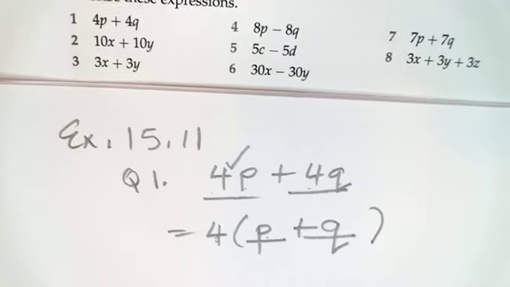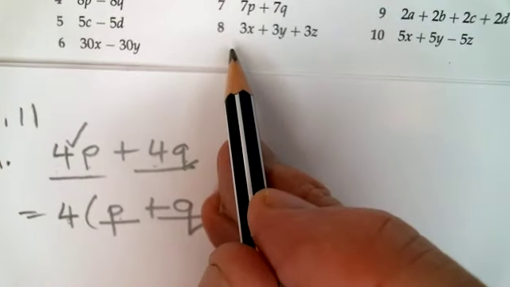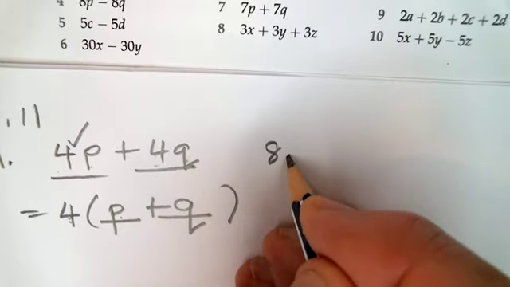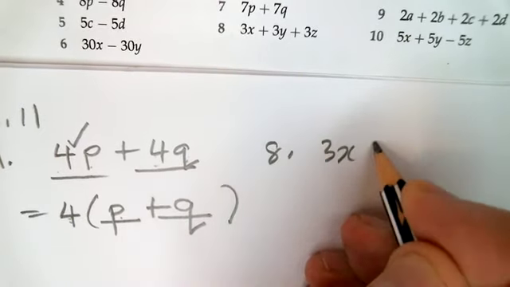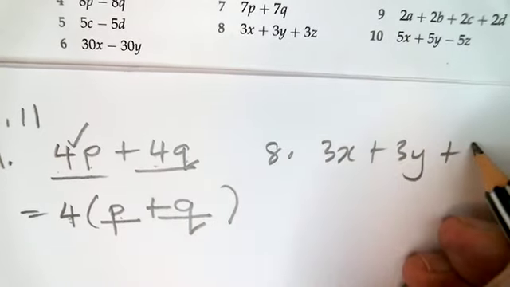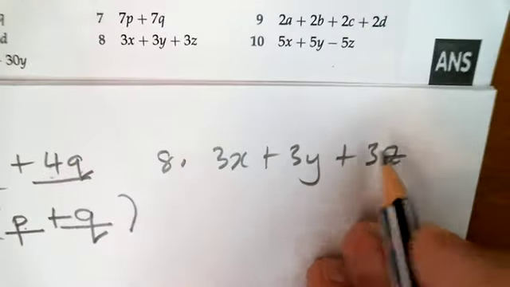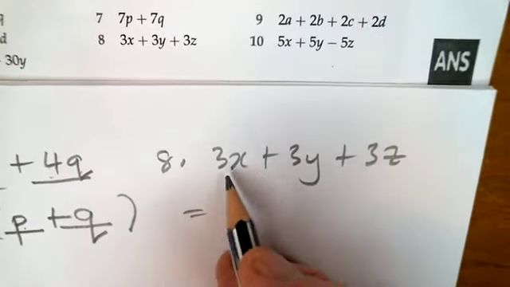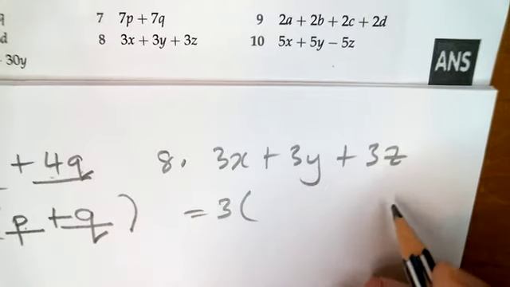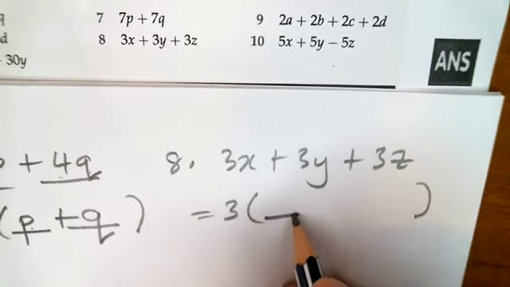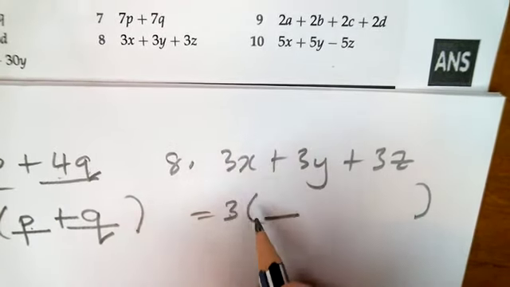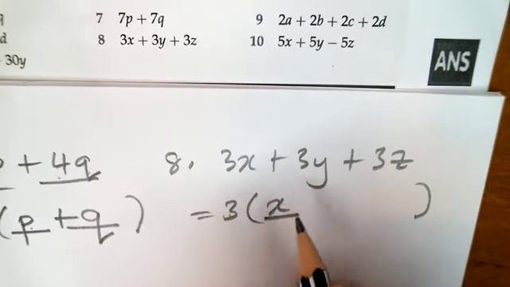Let's do a nice simple one. What about number 8? Here we go. We've got 3x plus 3y plus 3z. So what's common to all of these? Well, 3 is common. So what times 3 makes 3x? Well, x, because 3 times x is 3x.